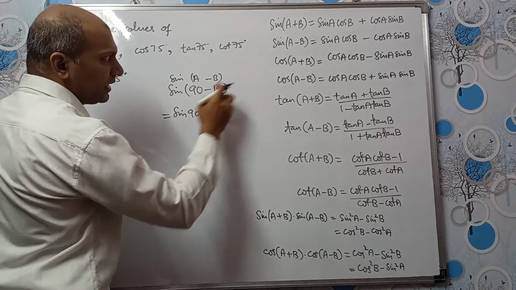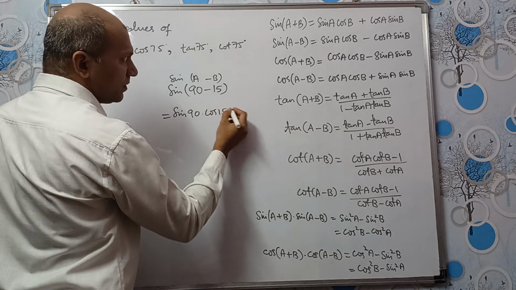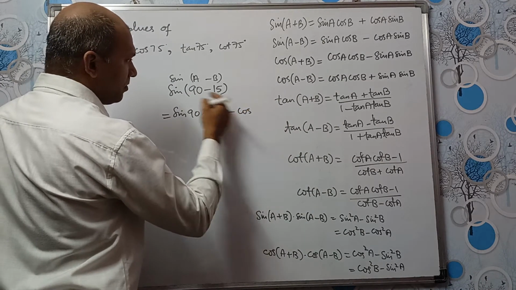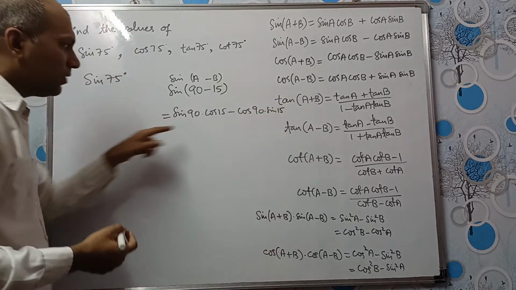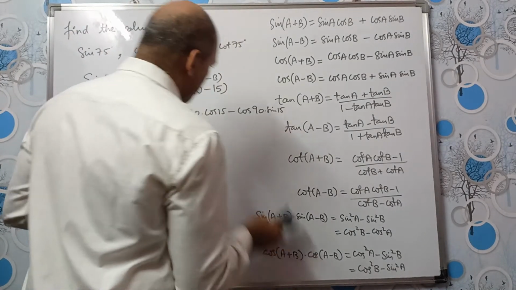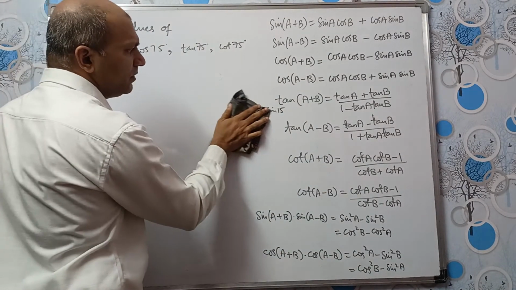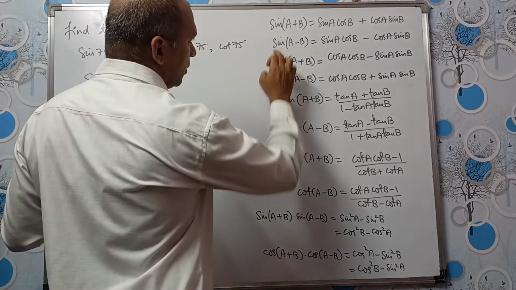So in place of a, 90. We have sine 90 cos 15 minus cos 90 sine 15. But we don't know what is cos 15 and sine 15, right? So 90 minus 15 will not work in this, so this formula will not work.